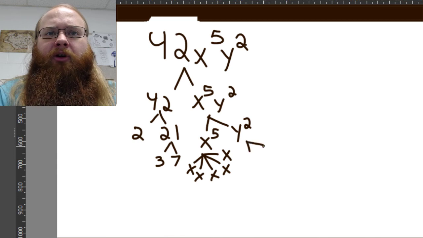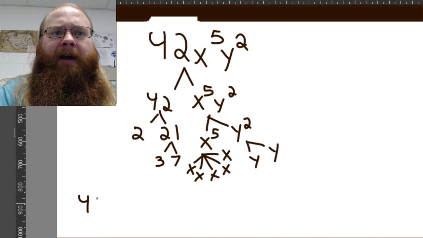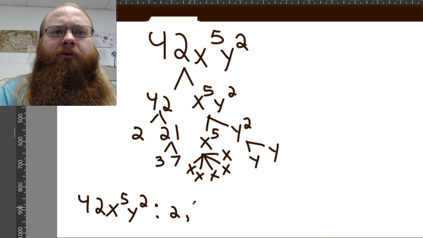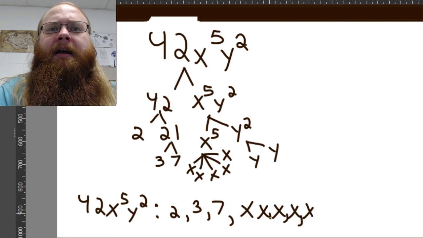And then we're going to have just 2 y's. So let's write our factors of 42x to the 5th y squared as 2, 3, 7, x, x, x, x, x, y, y.